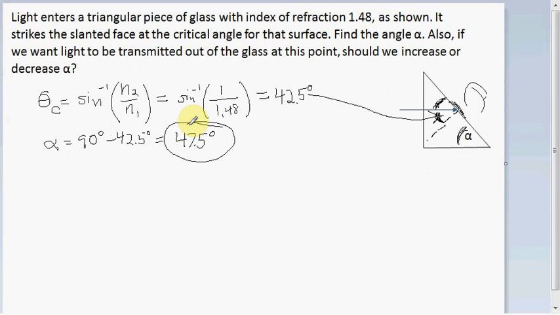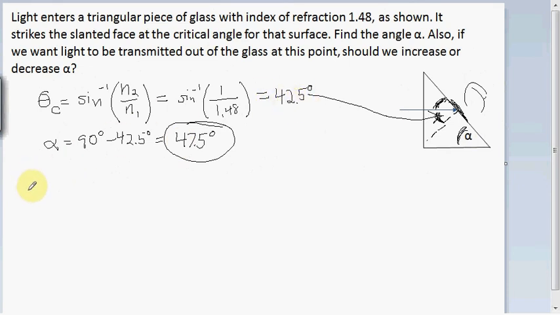Second part of the question. Of course, this is the critical angle, and what that means is that at this angle, we get total internal reflection at this boundary, which means that none of the light gets out. Now, if we want some of the light to get out here, the question is, should we increase alpha or decrease alpha? Well, here's the way to think of this. 42.5 degrees is the critical angle.